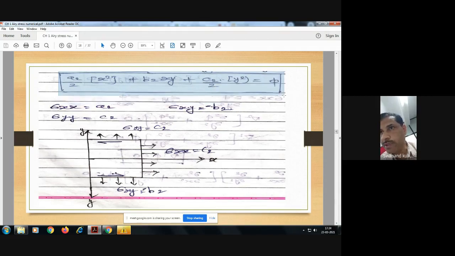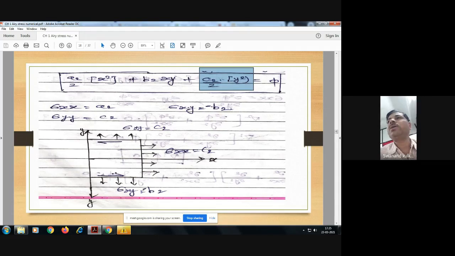After differentiating with respect to x, we will get ∂φ/∂x, with 2x, 2 will get cancelled, a2 x is there. Then here b2 y will be present, and this part will become constant with reference to x, and this will become 0.